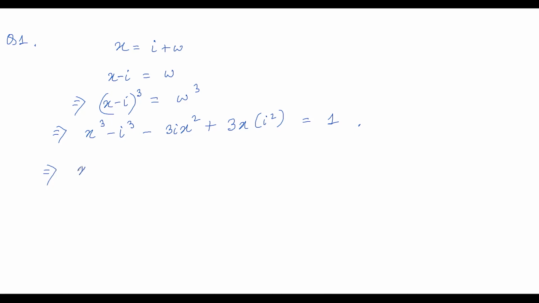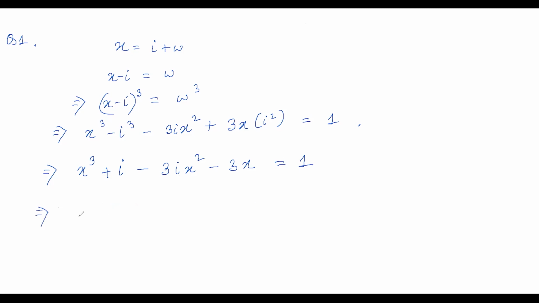Now if you simplify, you get x cubed minus, and now i cubed is minus i, so together you get plus i, minus 3i x squared minus 3x, because i squared is minus 1, and this is equal to 1.